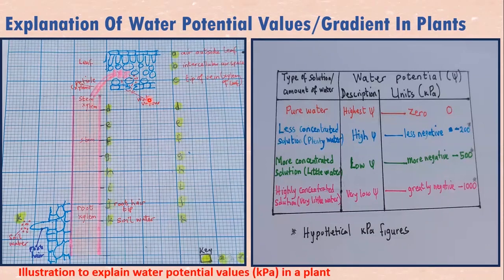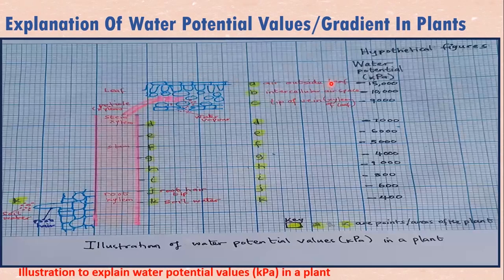So we have here, look here, the hypothetical figures we have given. Water potential value outside the leaf here is the lowest, and it will have the greatest negative, which we have hypothetically given minus 15,000 pascals.